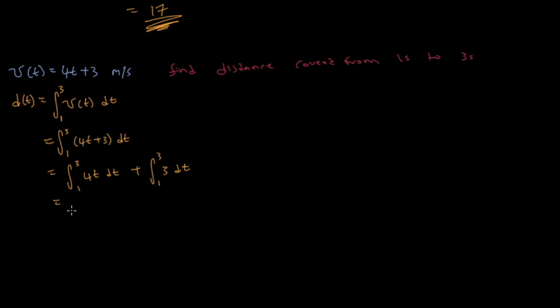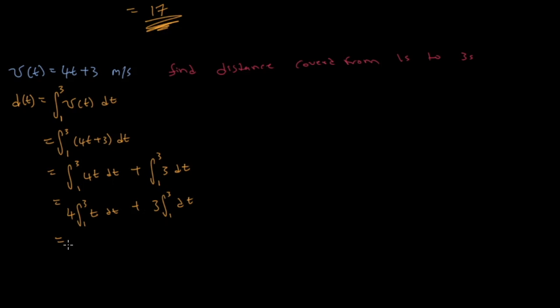We would further solve that. We can take out the coefficient 4, so 4 times the integral of t dt, plus 3 times the integral from 1 to 3 of dt.